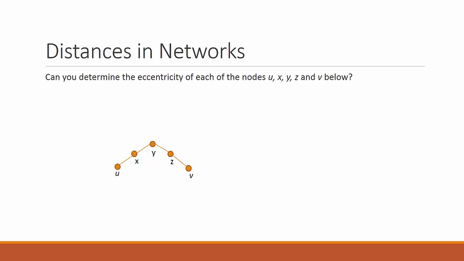On the other hand, let's look at the eccentricity value of, say, Y. The distance from Y to X and from Y to Z is 1, and from Y to U and Y to V is 2. So the maximum value of all of the distances is 2.